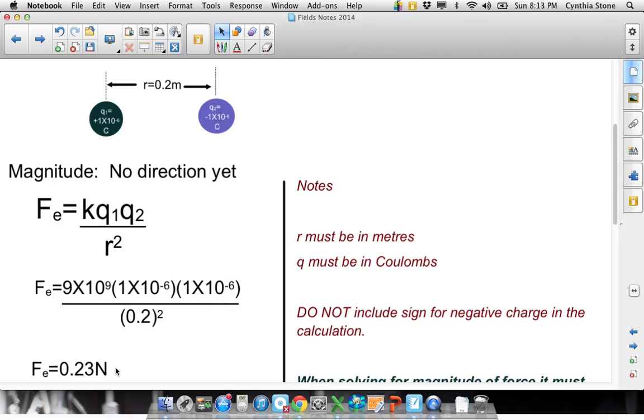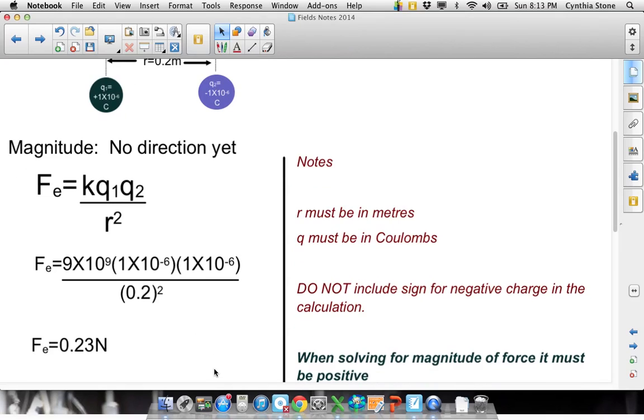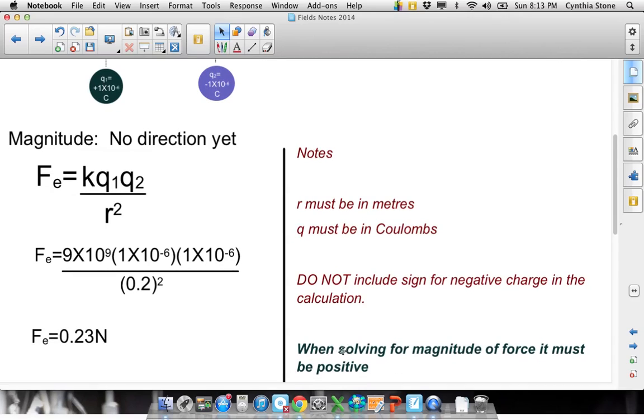Now we want to know the force with direction. And this is where, in this unit, you have to apply common sense. When solving for magnitude, it must be positive. When we're doing the direction, you have to say, I'm looking at the force being applied to Q1, and it's due to this one.